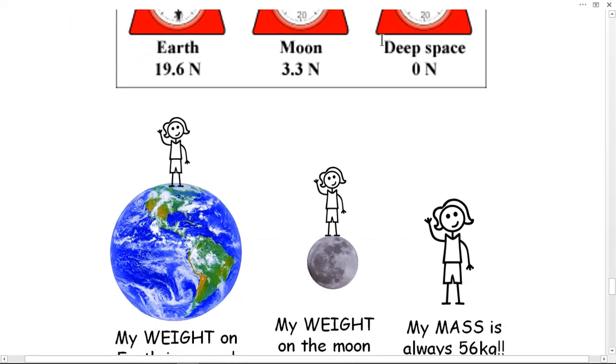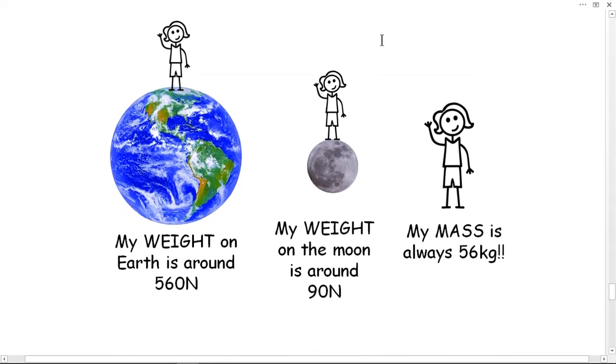Now see another example here. She is saying my weight on earth is around 560 Newton. My weight on the moon is around 90 Newton. But she is saying my mass is always the same, 56 kg. Got it?